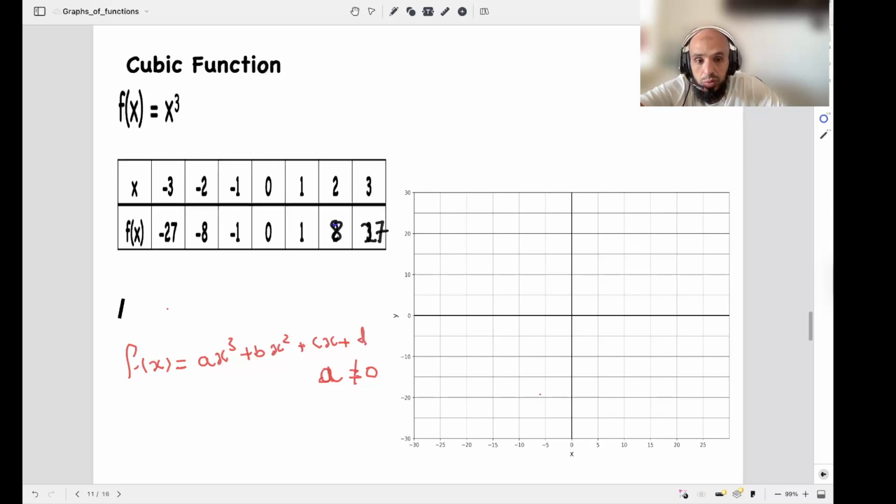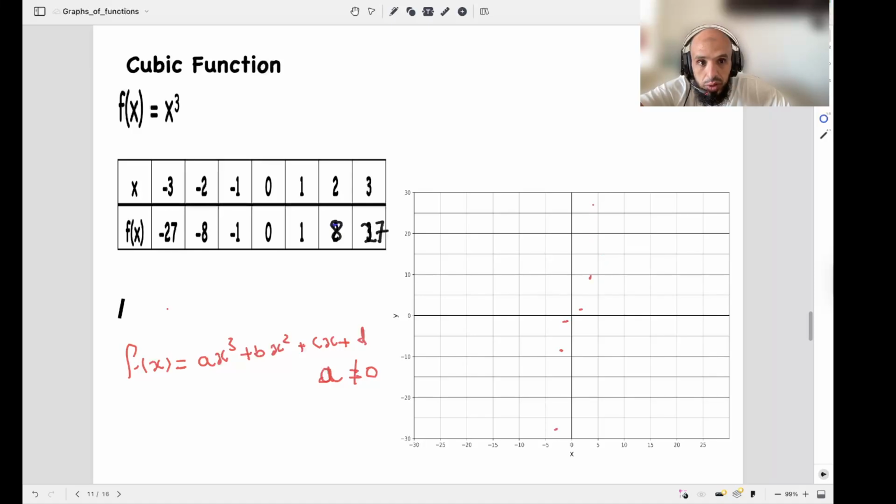So if we substitute for some values, for example, when x is equal to negative 3, its cube is going to be equal to negative 27, so it will be almost here. When x is equal to negative 2, its cube is negative 8, which is here. For negative 1, it's negative 1. For 1, it's 1. For 2, it's 8.